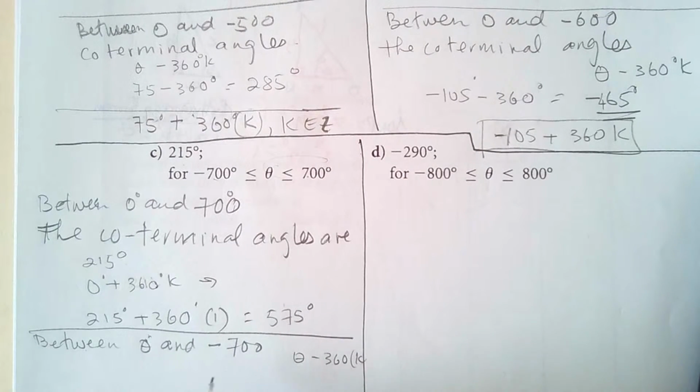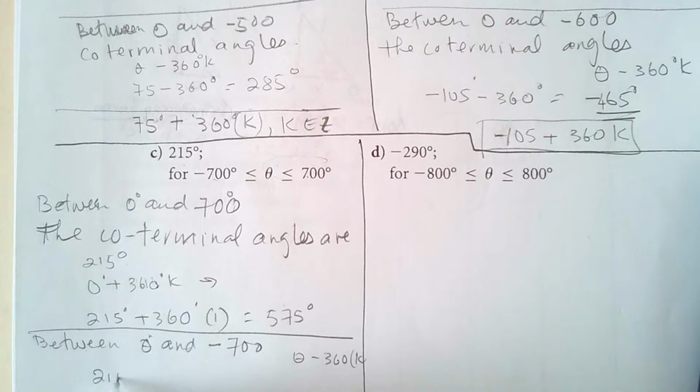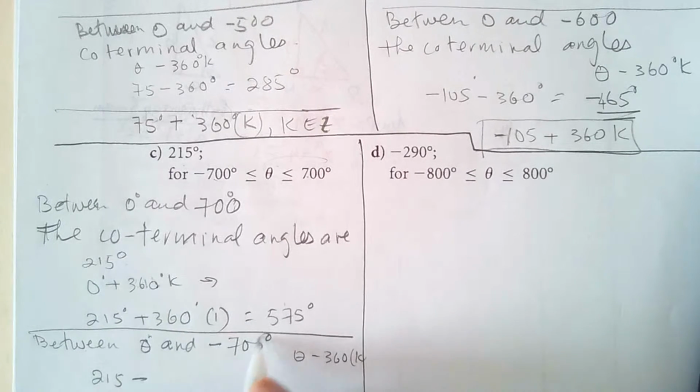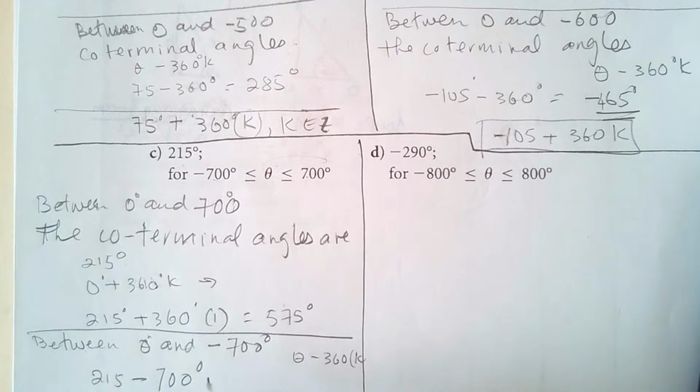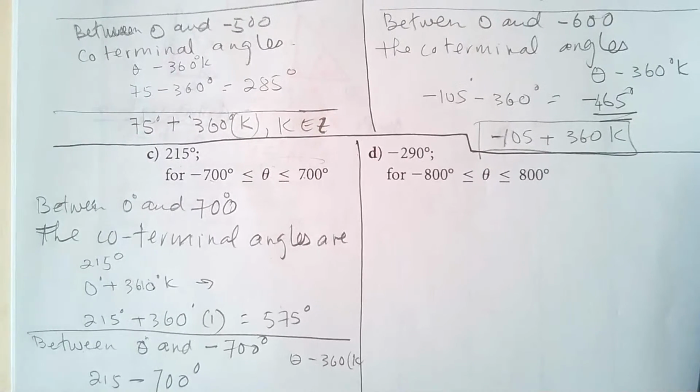We start off with 215 minus 360 degrees.